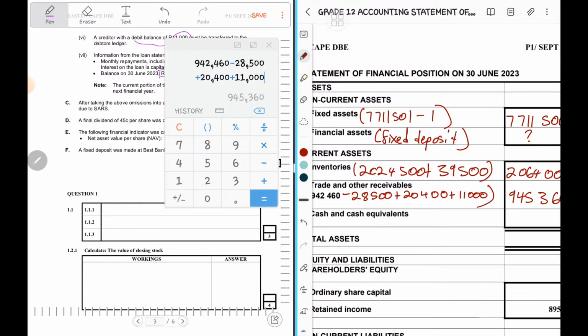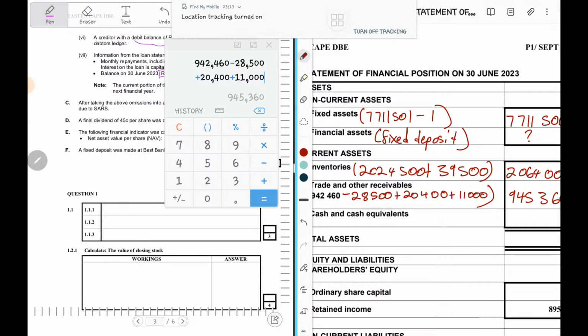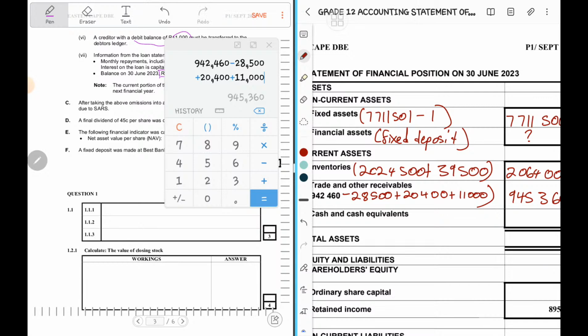Remember the rule: you say carrying value at the beginning, then you add the additions, then you subtract the depreciation for the year, then you also subtract the carrying value of the disposed asset. So we are applying the 5-finger method that you would use when you calculate the amounts, whether it's a fixed asset question or in the cash flow. Hence we are using the 1 rand there.